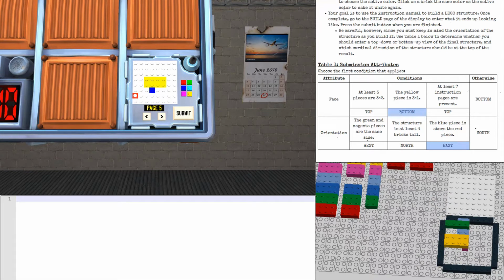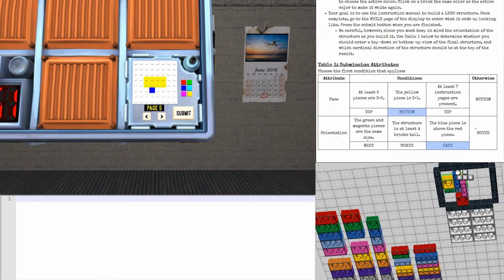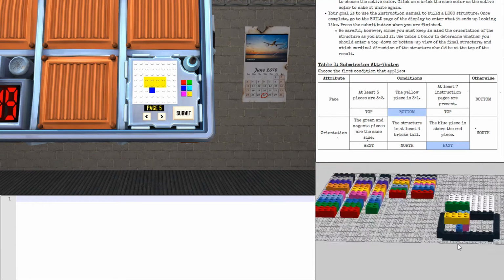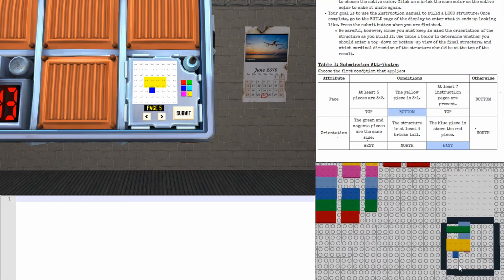We have a 3x1 blue, this one here, and it overlaps the yellow on 2 squares. So let's move that. Let's rotate this around so I can put it here. That is wrong. There we go. And this is where the blue one sticks out of the yellow.